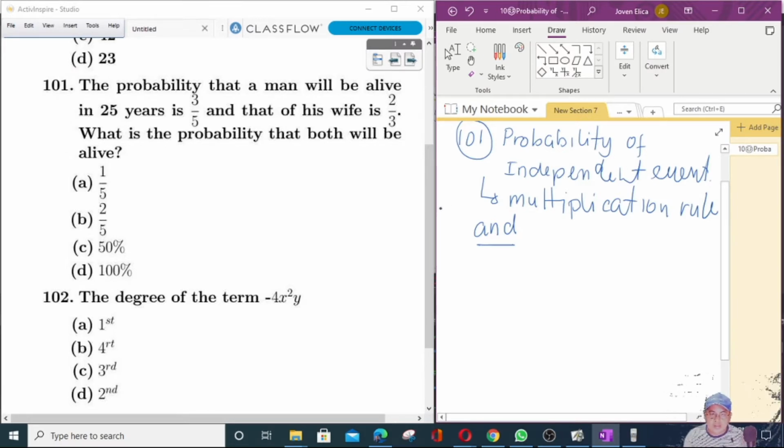Now to express this in an equation, this will be the probability of a man living 25 years multiplied by the probability of a woman living the same 25 years.